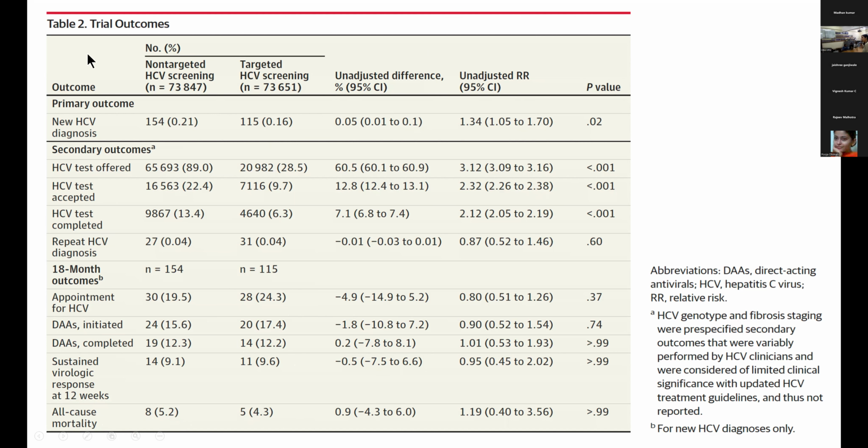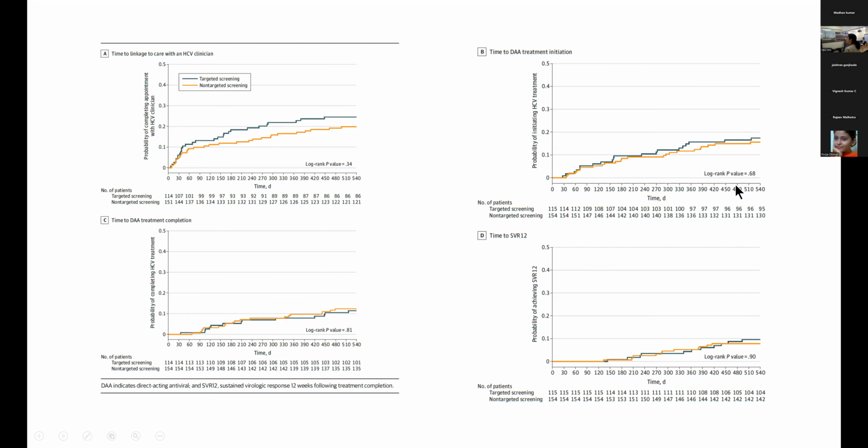Now while you look at the primary and initial outcomes, so how many tests were offered, tests accepted, all of them had good p-values, there was a difference. But in the outcomes that you are actually interested in, if you notice, all the p-values were not statistically significant. Since we had a survival analysis workshop, I've just put the time.